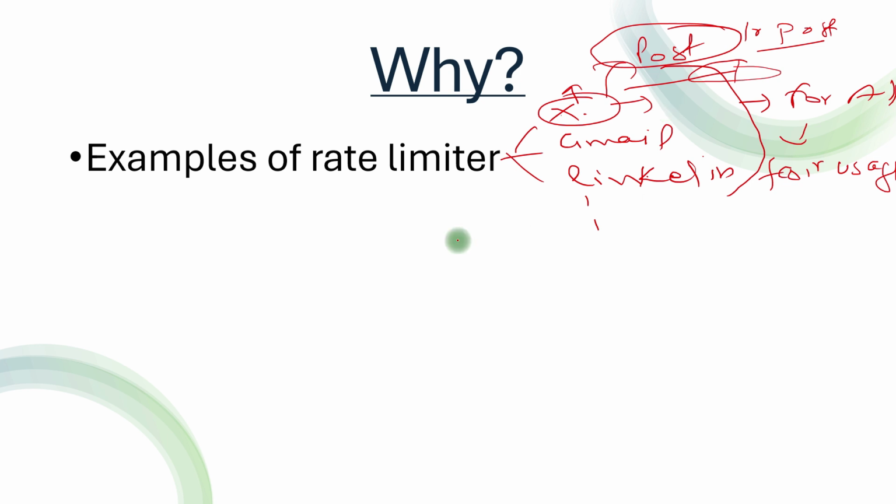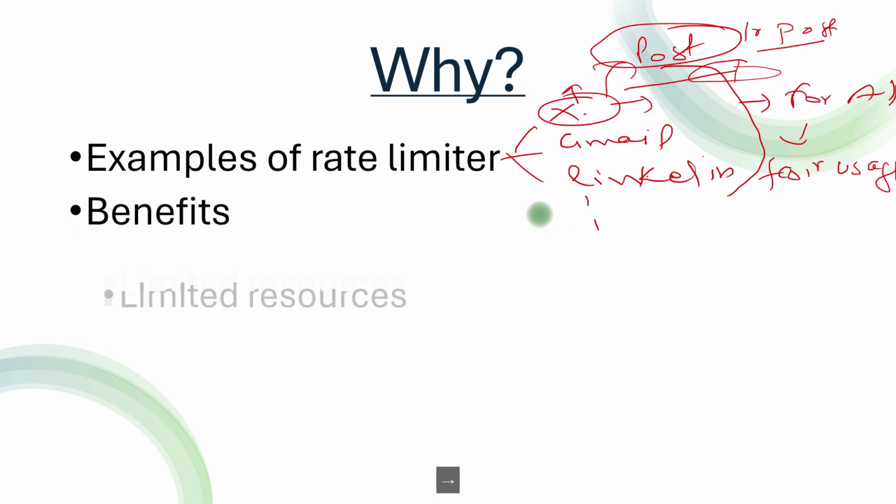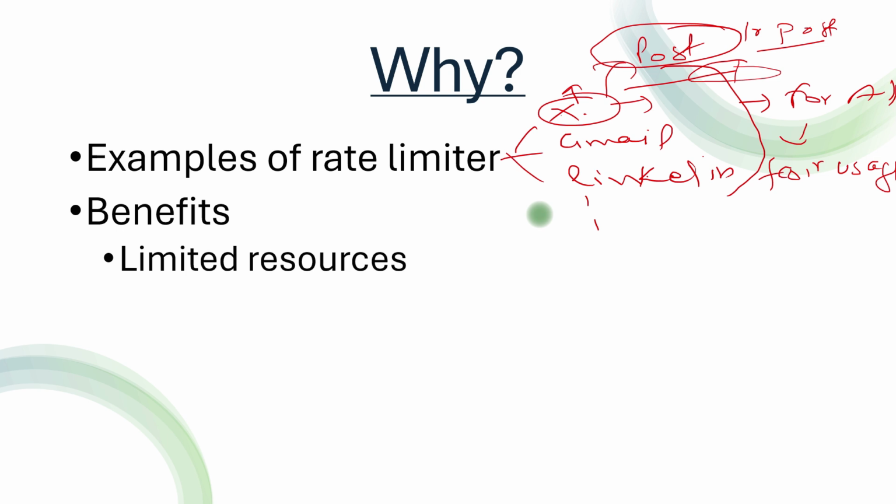So the first reason is the one I just mentioned: there are limited resources to serve everyone, so we have to put certain limits around that. DDoS attack is another thing. Even if we have certain legitimate use cases, they still need to be limited, but there is also illegitimate usage.